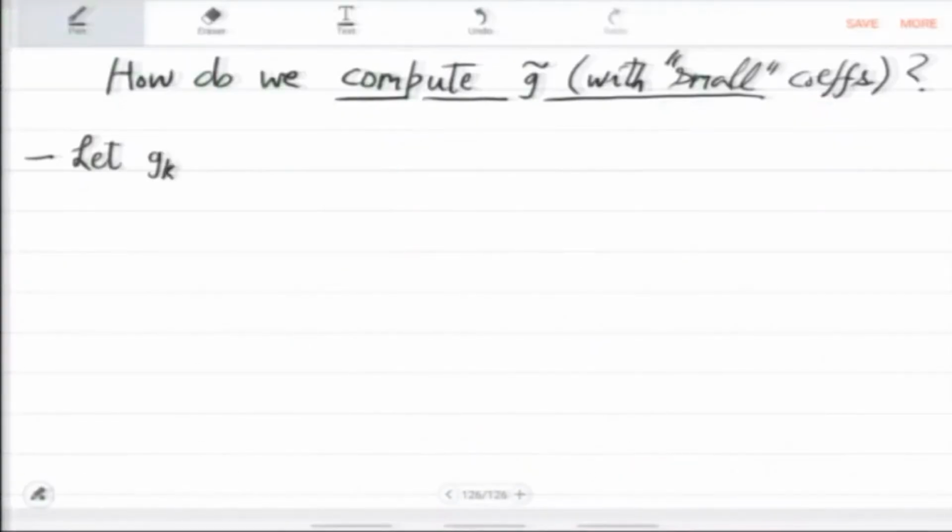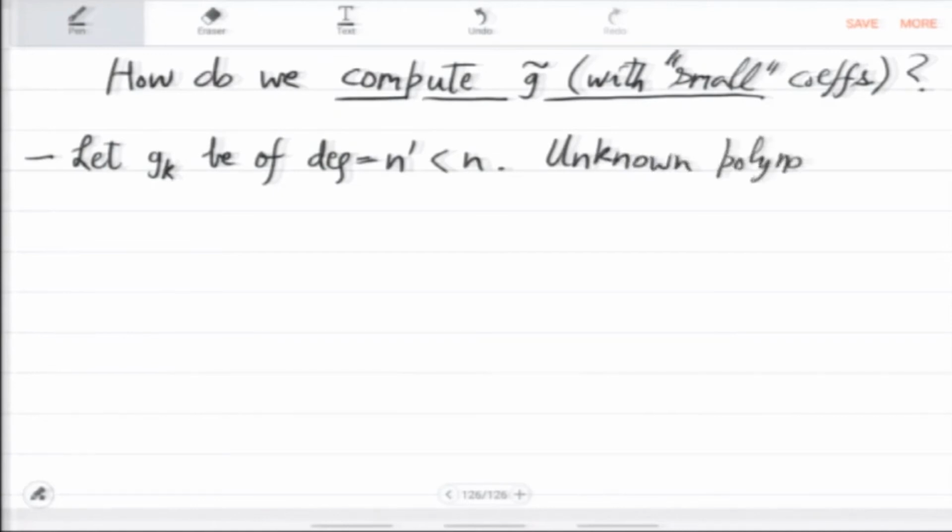So let Gk be of degree n prime, obviously between 1 and n minus 1. Now the unknown polynomials are g tilde, which is, let's say, sum of ci x to the i, and Lk.